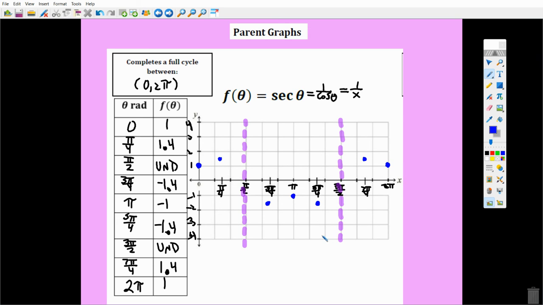So for the graph of secant, I always call it like an unhappy face, but you know, it's just kind of how I view it. I don't know. Maybe it's just me. But this goes like this. Hold on. So it should be more curved.